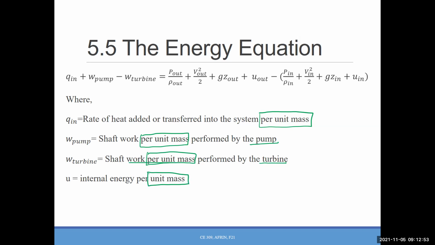And if you look at the expression, you will see it's pretty much similar to Bernoulli's equation, except this time we have some term for heat, for pump, for turbine, and a new term for internal energy, right?